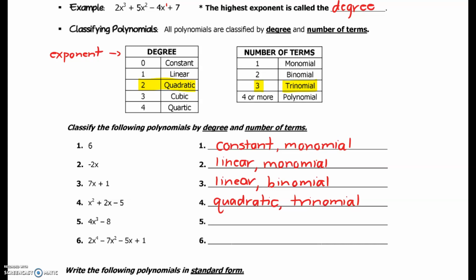Now for the last two problems here for number 5, you can see your highest exponent is a 3. That is classified as cubic, and there are 2 terms which would classify this as a binomial. So cubic binomial would be the proper classification for number 5.